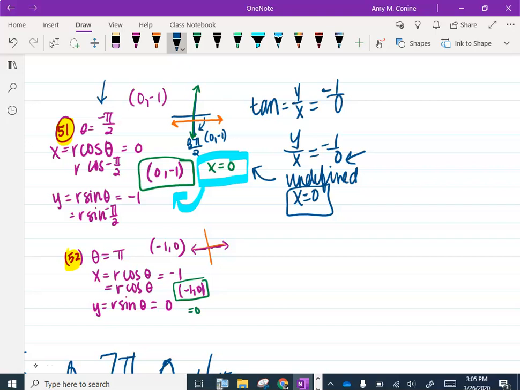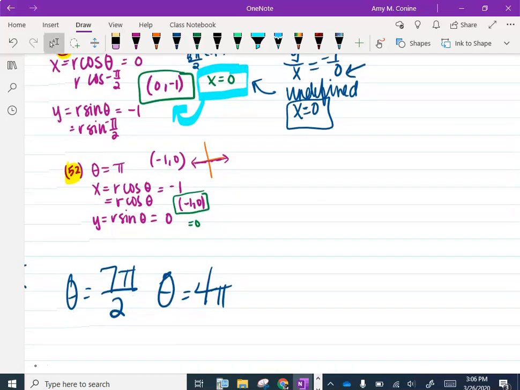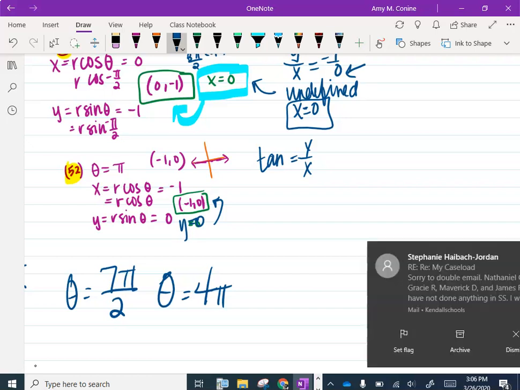So same idea for 52. 52 theta was pi. They said that the answer was y equals 0, and I said if you got -1, 0, I'm fine with that because we didn't have a great explanation of why. Again, doing some more research and finding some more problems, your tangent equals y over x.